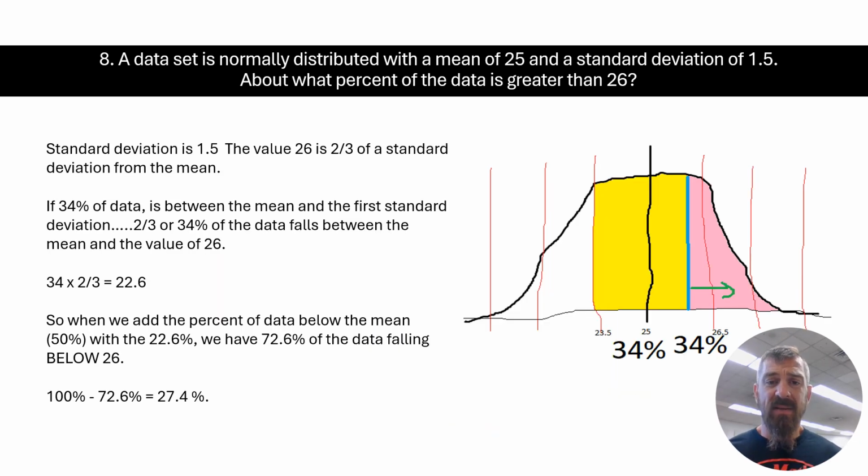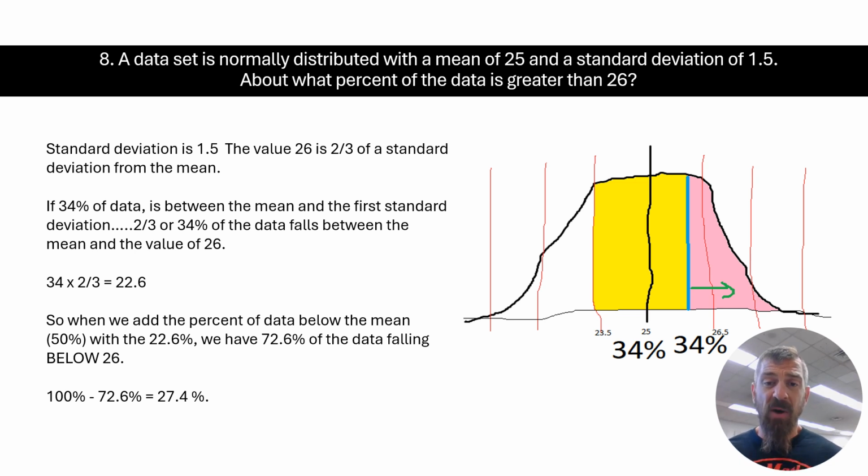26 is 1 higher than 25. 25 is the mean. 1 is 2/3 of 1.5. So we need to determine how much of that 34% is highlighted. I sort of work in reverse.